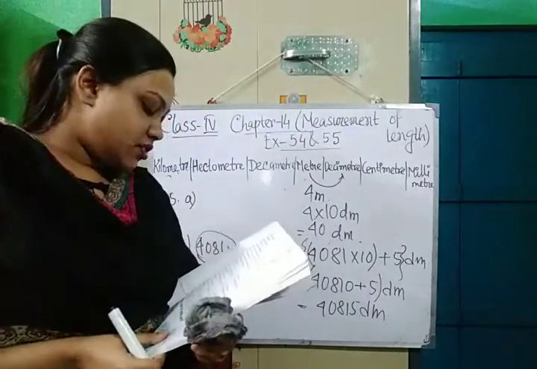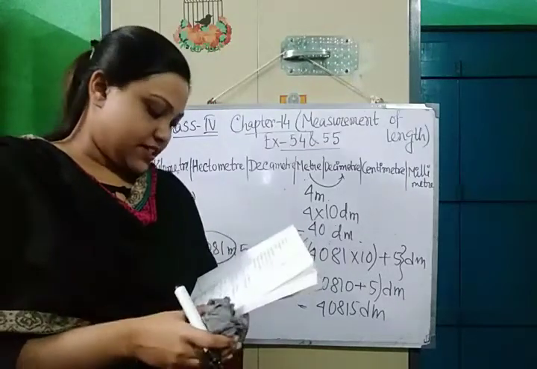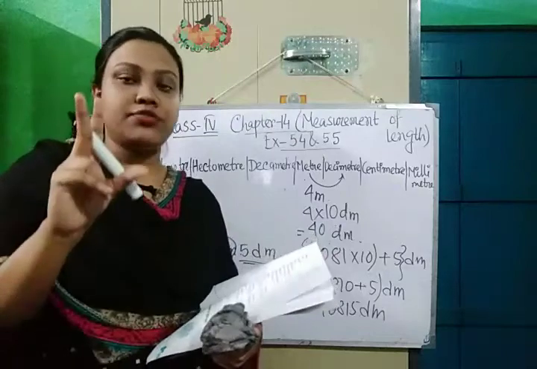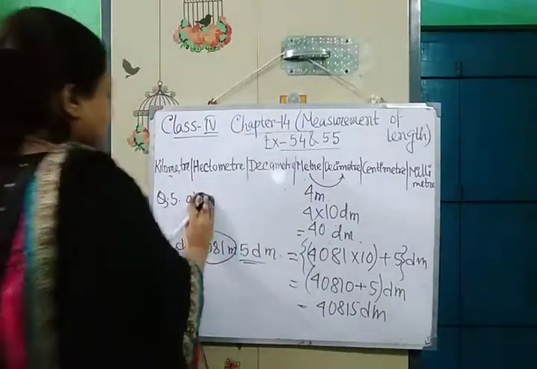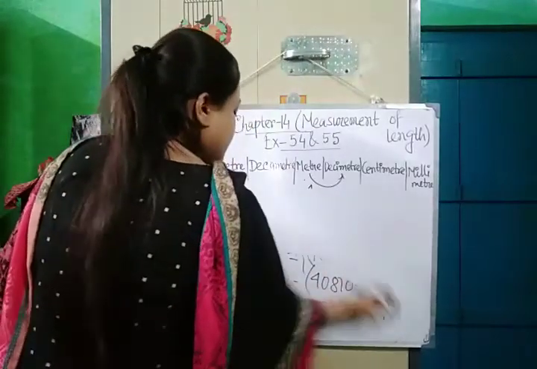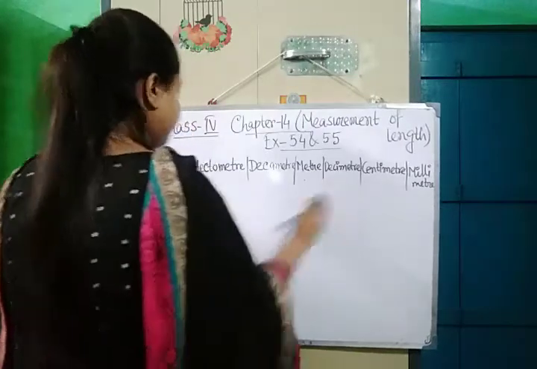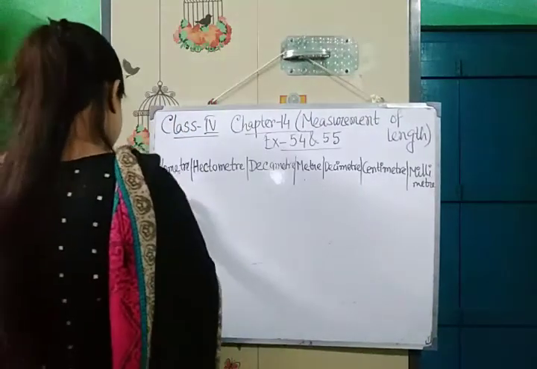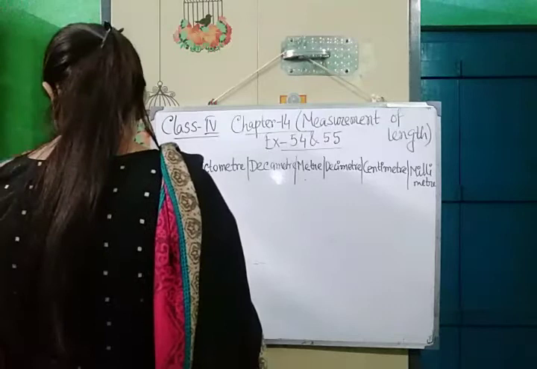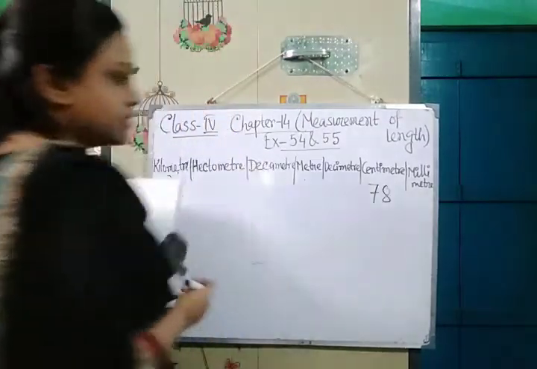Next, conversion into millimeters and convert to meter. I am showing only one from these two questions because these all are of the same types as the previous ones. First is 78 centimeter. You have to convert it to millimeter.